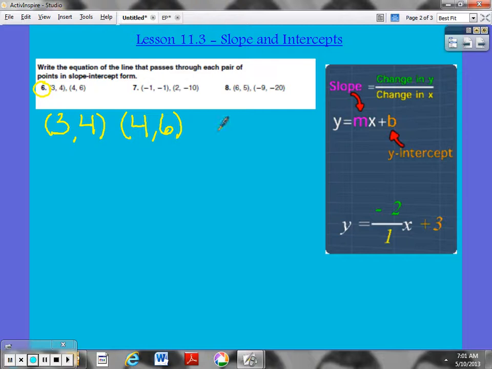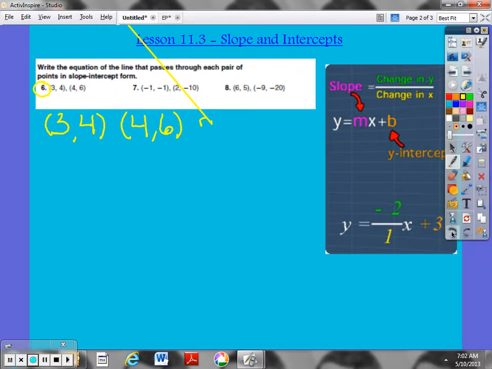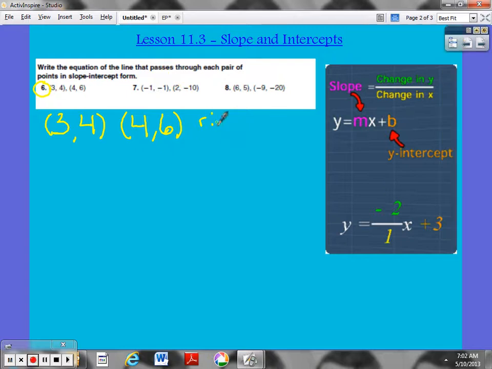I'm going to calculate rise over run, or we could also call it change in y over change in x. So I have 6 minus 4, because remember it's y sub 2 minus y sub 1, the change in the y values over the change in the x values.